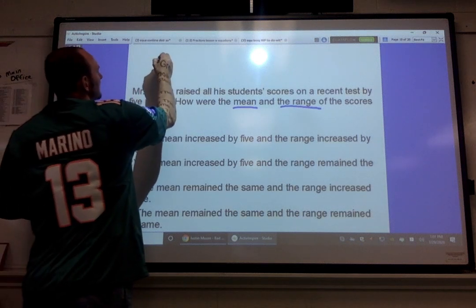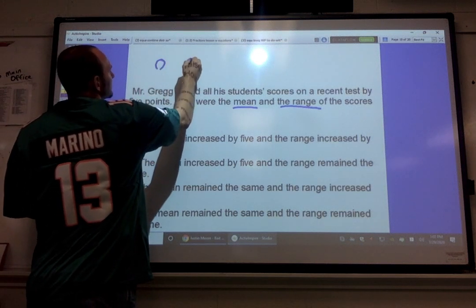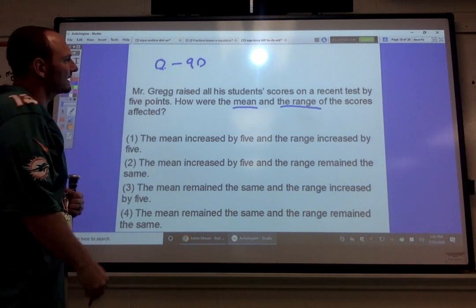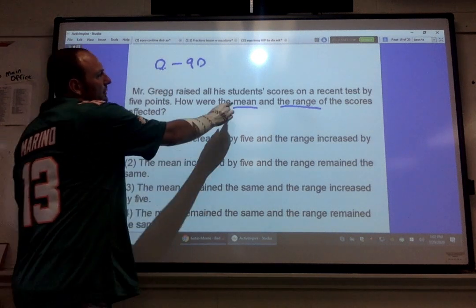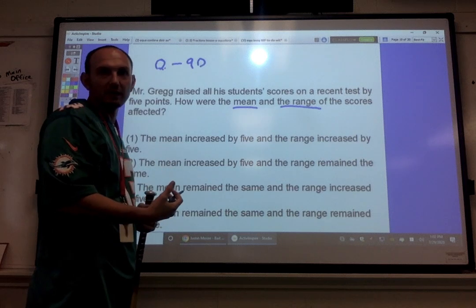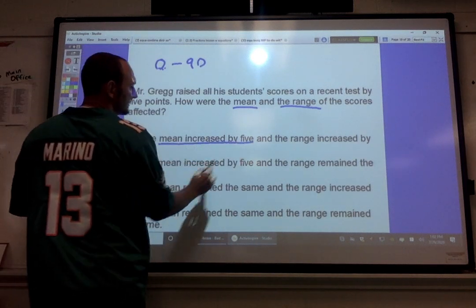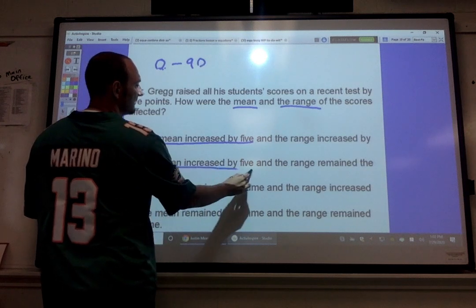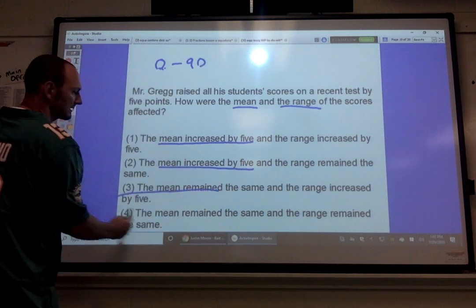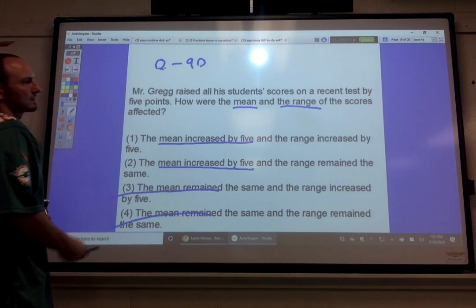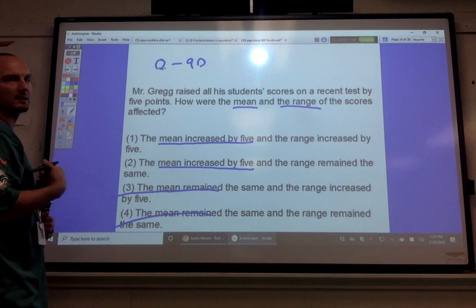So let's say I had a low score of a 0 and a high score of a 90. Okay. If everybody's score gets 5 points, the average should increase 5 points. So the mean should increase by 5. It ain't going to stay the same. Everybody's score went up. So did the range increase or did it stay the same?